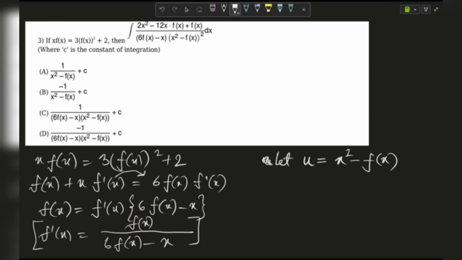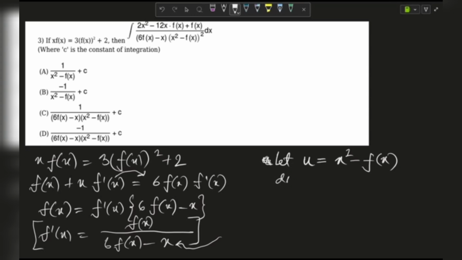That is because we already have this 6 f(x) minus x in f'(x). So when you differentiate this and find du, you will have f'(x), which will already contain this. That is why x squared minus f(x) was perfect for taking a substitution. I will show you after this.